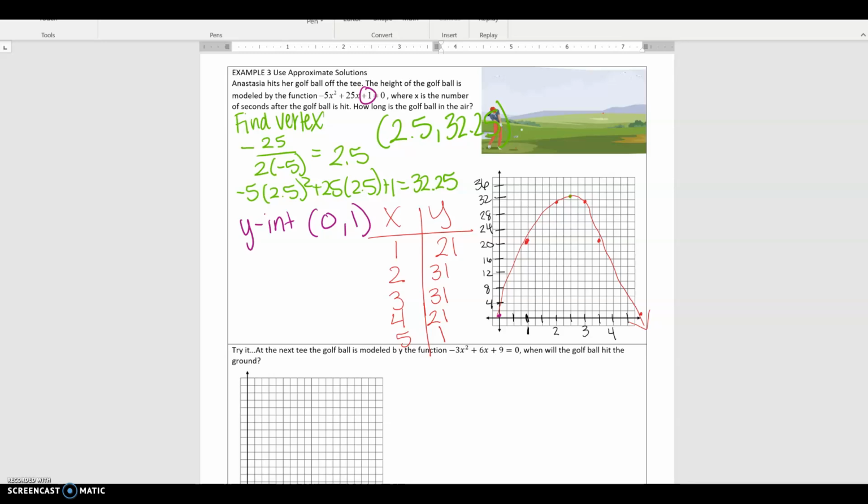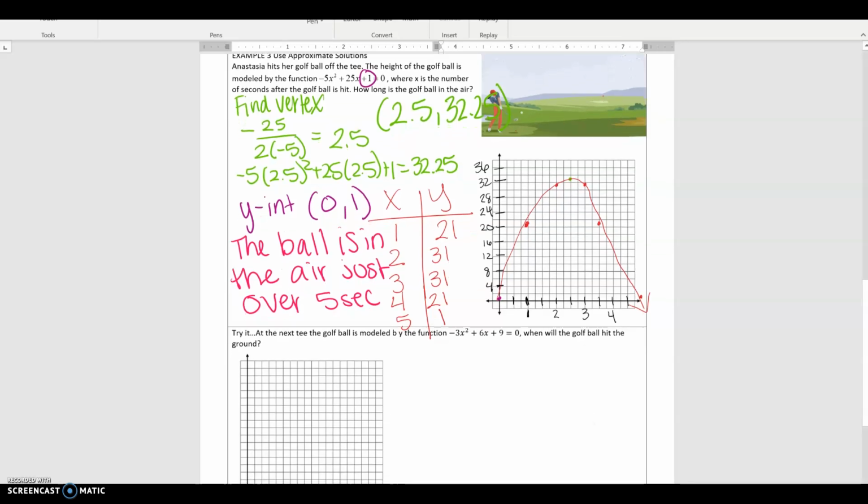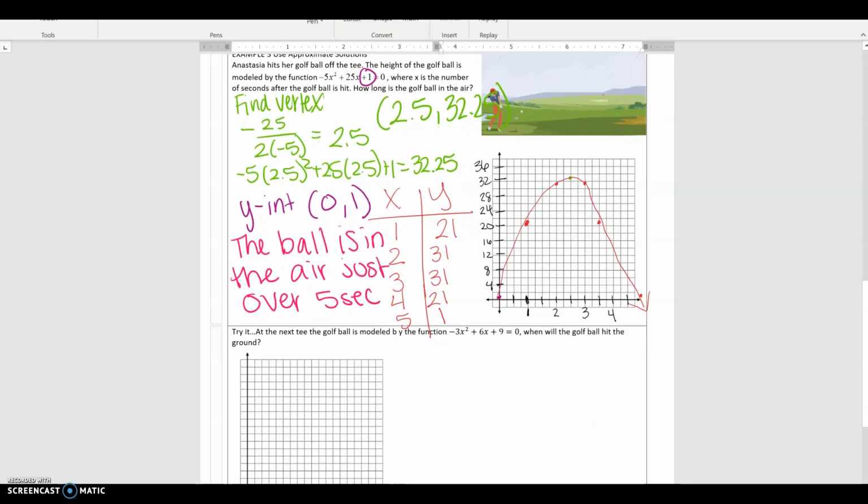So the ball is in the air just over 5 seconds. Okay, so using that, and this one is a lot nicer than that one. Use your information and try that next one.